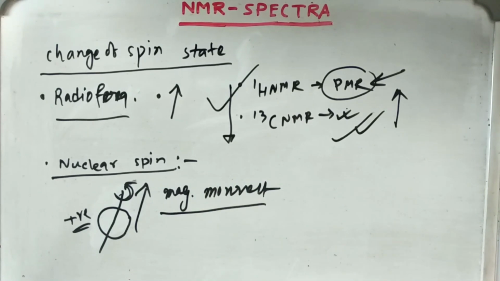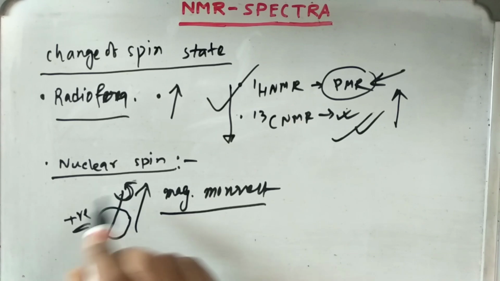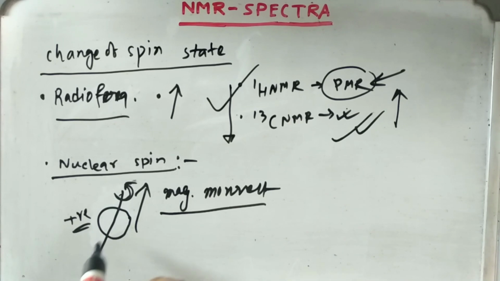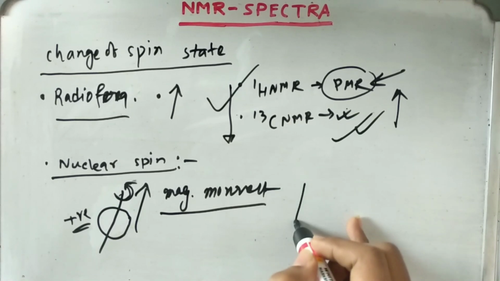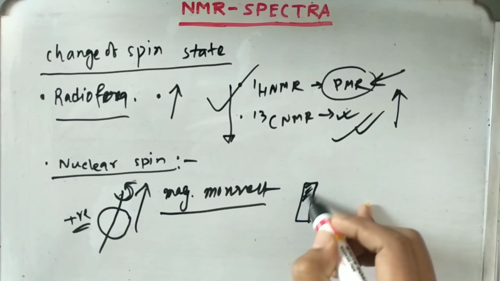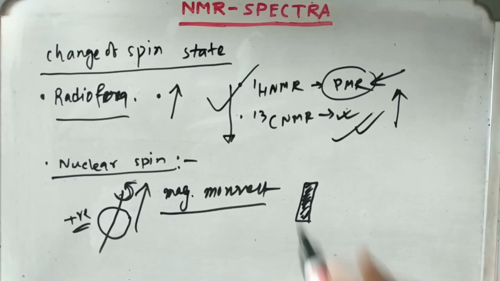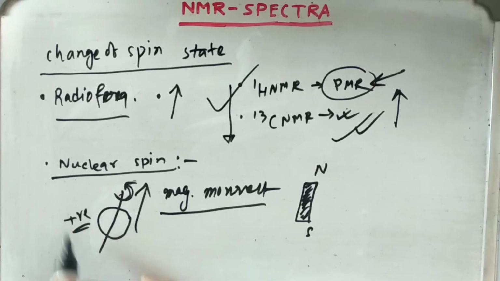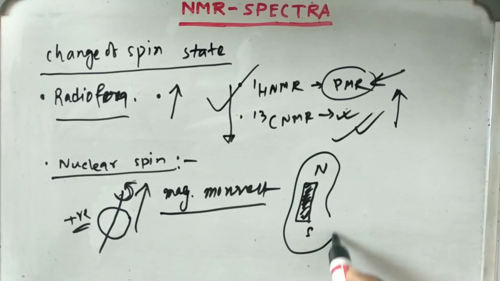So when a charged species rotates, it creates a magnetic moment. These nuclei act like a bar magnet, meaning there will be a north pole and a south pole. Why I am comparing it with a bar magnet, I will discuss a little bit later.